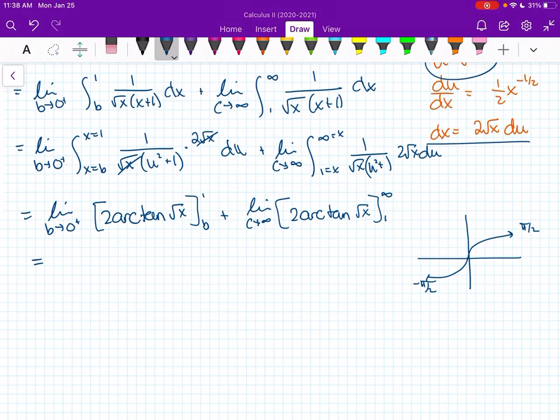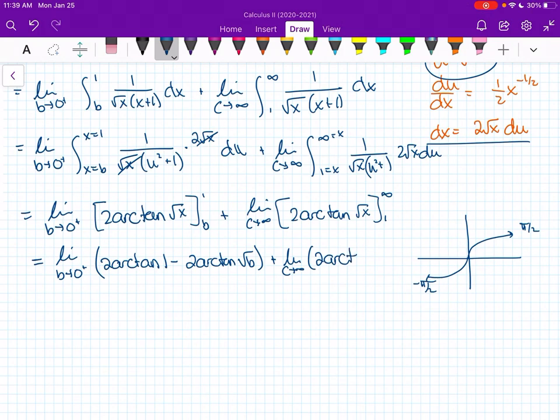So then I have the limit as b approaches 0 from the right of 2 arctan of 1 minus 2 arctan of the square root of b, plus the limit as c approaches infinity of 2 arctan of the square root of c.